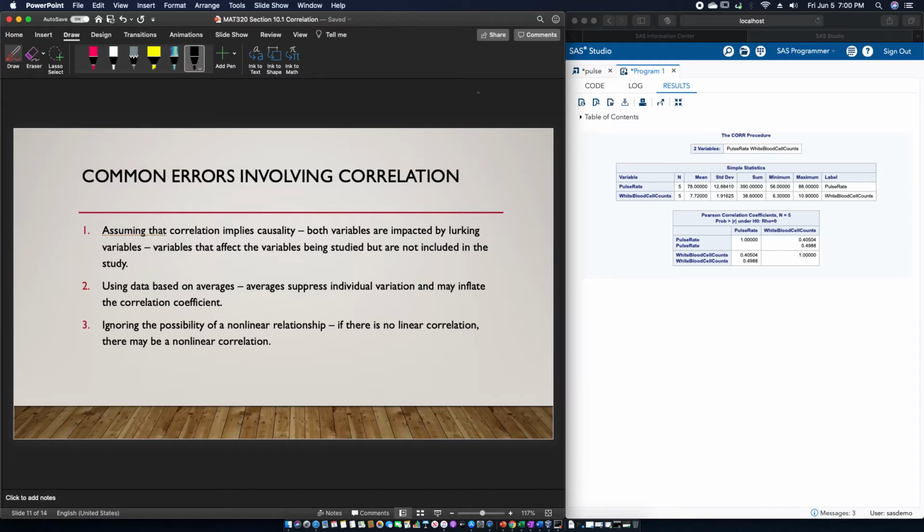Another error is using data based on averages. Averages suppress individual variation and may inflate the correlation coefficient. And the third one is ignoring the possibility of a nonlinear relationship. If there is no linear correlation, there may be a nonlinear correlation, in which case you might be able to fit some type of polynomial, such as a quadratic or a cubic, to the data set, depending of course.